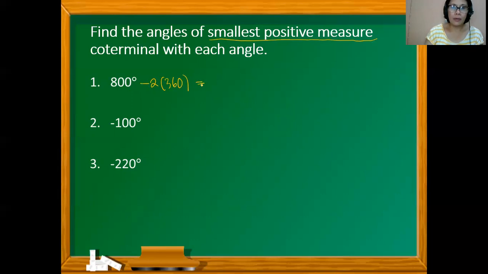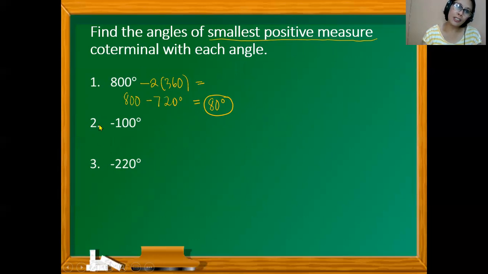So we have 800 less 720, and this is 80 degrees. Now, an angle measuring 880 has the same terminal side, so we call them coterminal. And this 80 degrees is the smallest positive measure coterminal with 800.